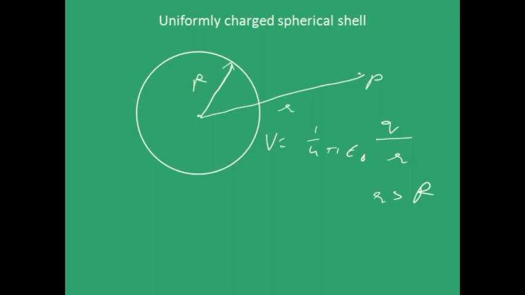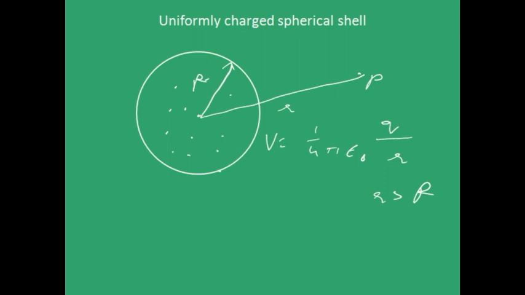But observe this: at all the points inside the sphere, the potential will be constant, because as I said before, there is no electric field within the charged spherical shell. So at all these points the potential is constant, and it should be equal to the value we have at the surface also.